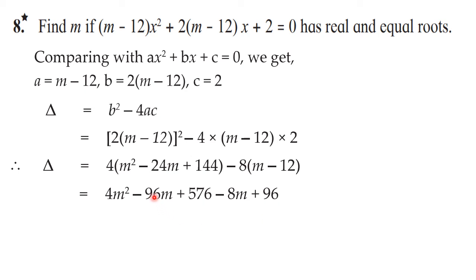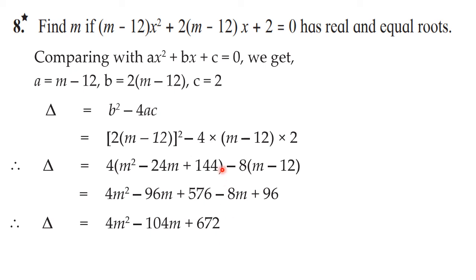Now see, 96m and minus 8m are like terms, so we can add them. And these two numbers we can also add. So we will get the value of delta as 4m square minus 104m plus 672.